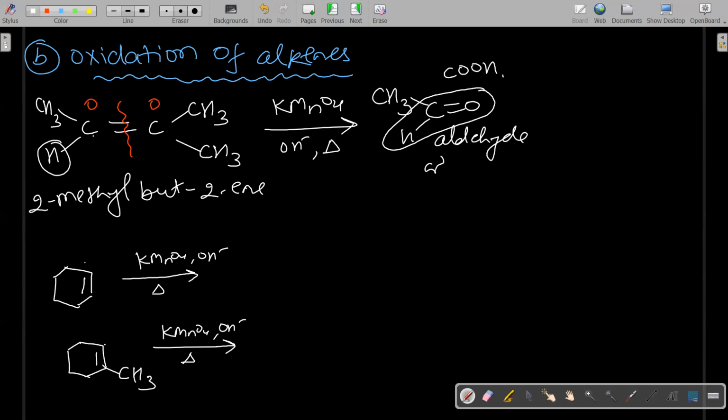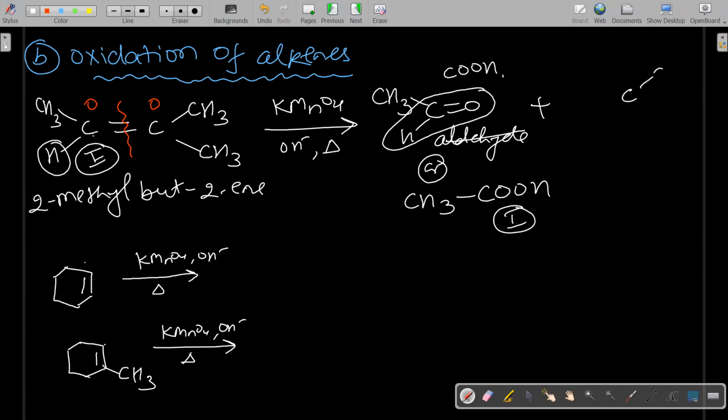So what product do we get? We will not get aldehyde, but we get carboxylic acid, that is CH3COOH. This is the first product which we get. And the second which we are getting is CH3 C double bond O. This is a ketone, and you know a ketone cannot be oxidized further.